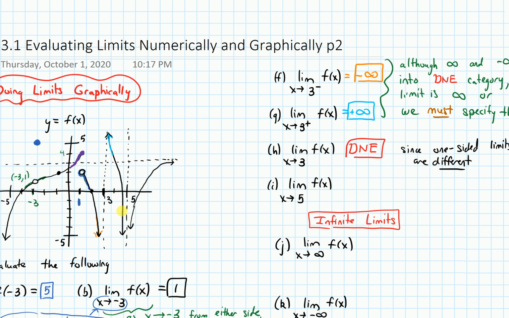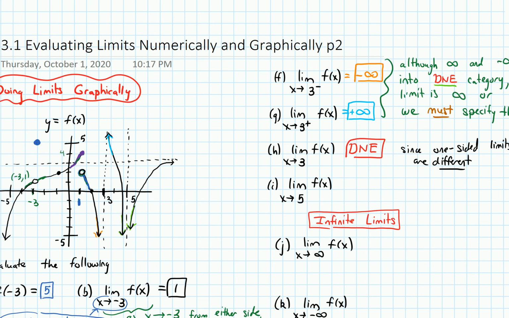So from the left, as we approach 5, the graph is going down towards this vertical asymptote. And as we approach 5 from the right, the graph is also going down towards the vertical asymptote, but from this side. So from both sides, the graph is getting infinitely negative. So it's sort of going to negative infinity, which falls into the D and E category.